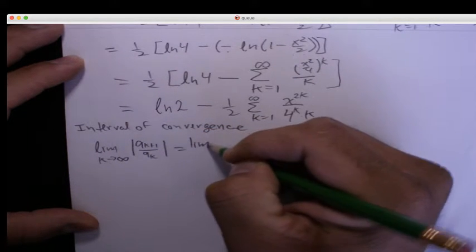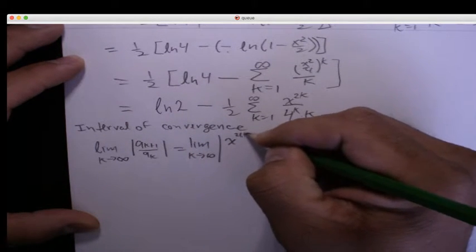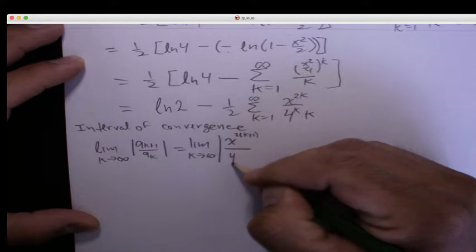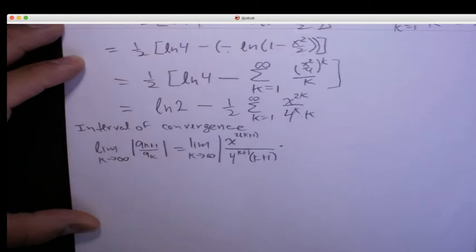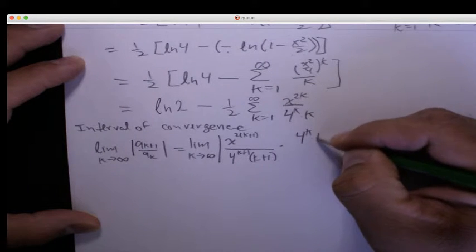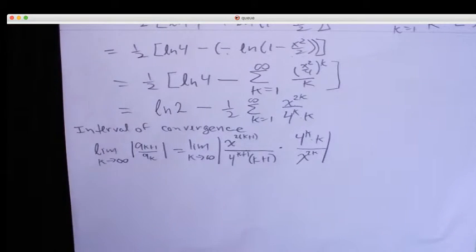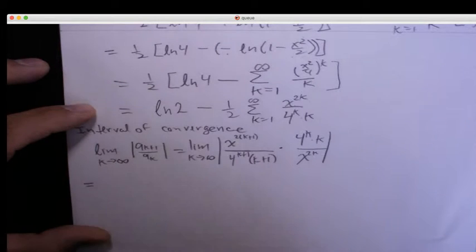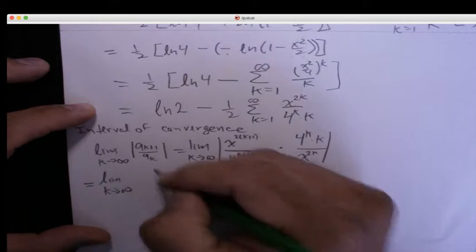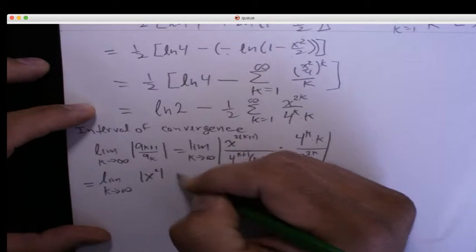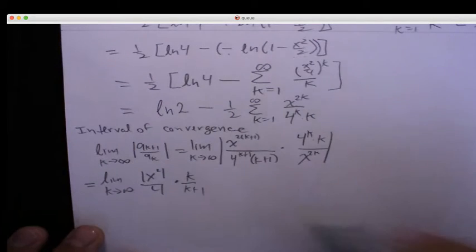So doing that, we should get x to the 2k plus 2 over 4 to the k plus 1 times k plus 1, that's the next term, over the previous term, x to the 2k over 4 to the k times k. Okay, and then simplifying here, we'll get x squared over 4 times k over k plus 1.